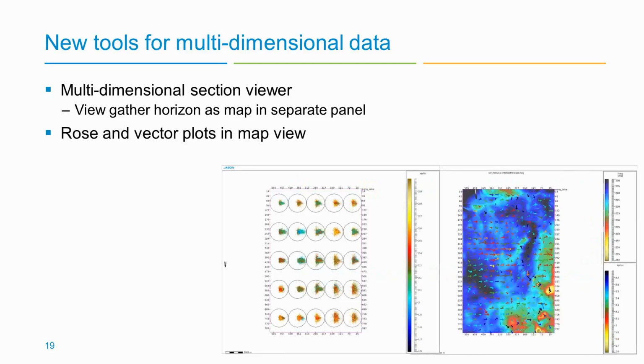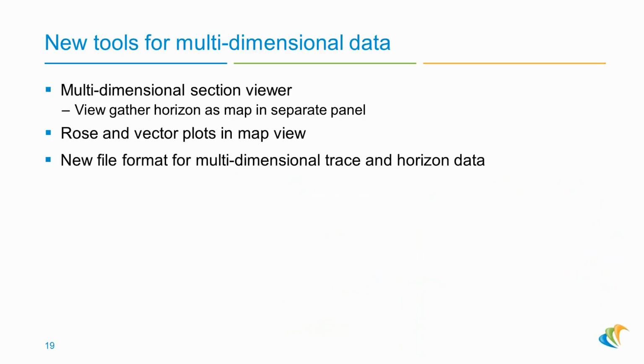We have rose and vector plots in MapView now, so you can look at your anisotropic inversion results and see in one picture what the directionality and the magnitude of the anisotropy is. We have a new file format for multidimensional trace and horizon data.